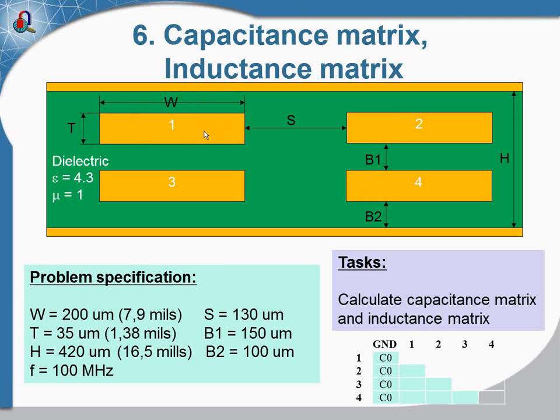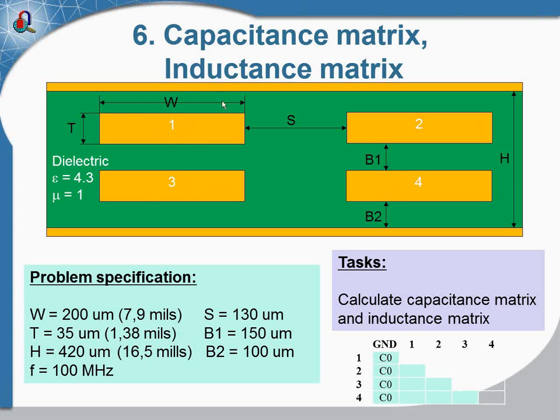Then you should repeat the same procedure to each conductor, and this would be the self-capacitance.